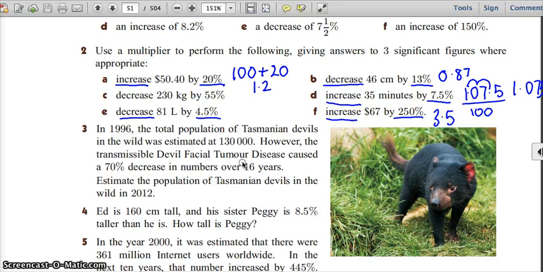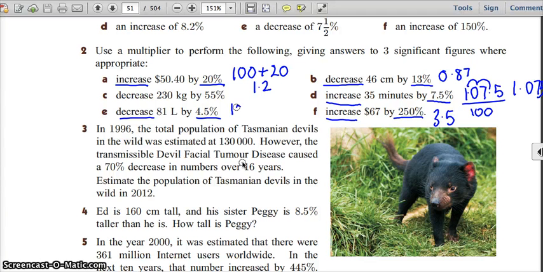75.5 over 100 is 75.5. How can you help him out, Luke? 95. How can you help him out? Or what's your thinking there? You're decreasing by 4.5. Damo? It's 0.955. How did you get that? I took 4.5 off 100.